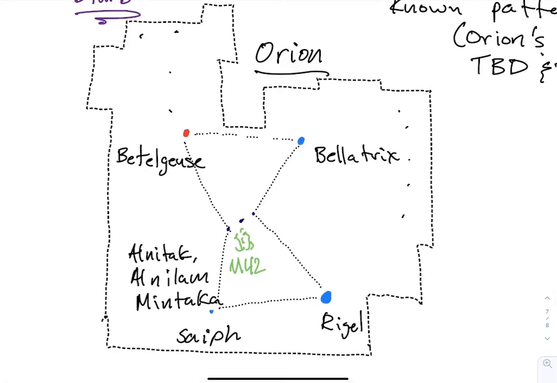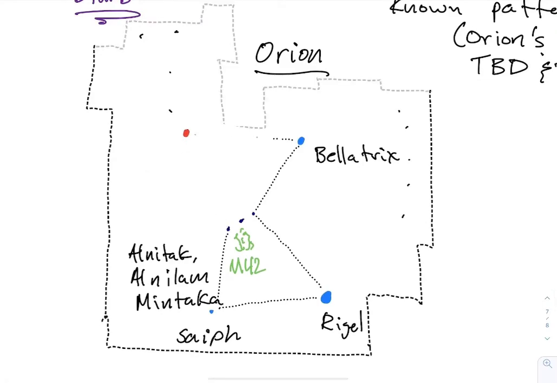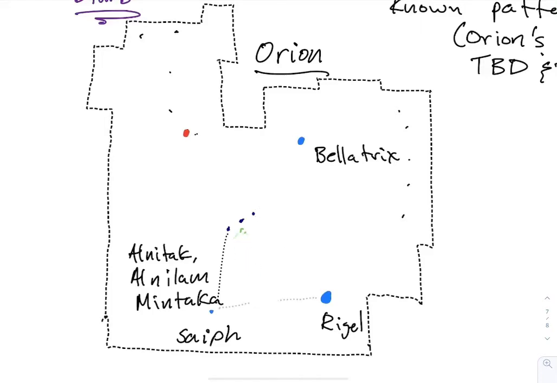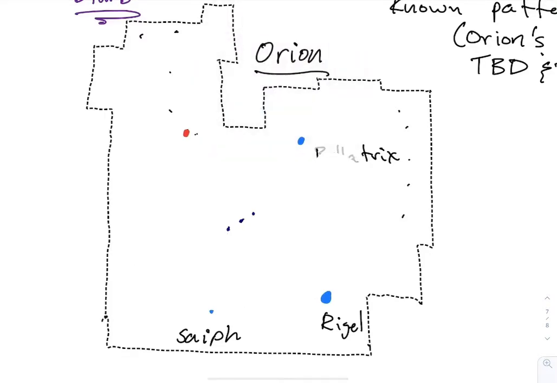So what I'm going to do is just get rid of some of this stuff, so we can talk more about the motions. So there is Orion in all of its glory.